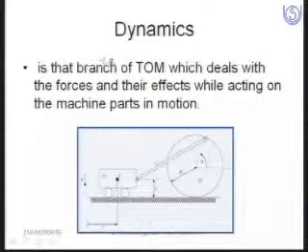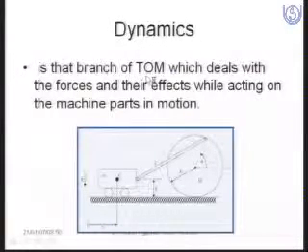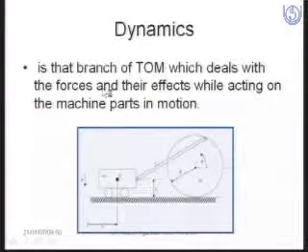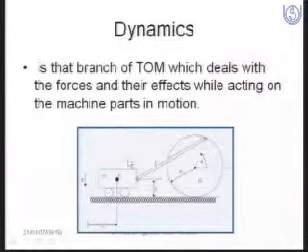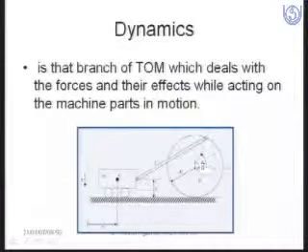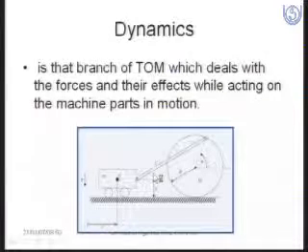The second branch is dynamics, which is the branch of the theory of machines which deals with the forces and their effects while acting on machine parts in motion. Now see, this is a very simple mechanism: the movement of this roller machine is only because of the rotation of this wheel and the reciprocating motion of this connecting rod.